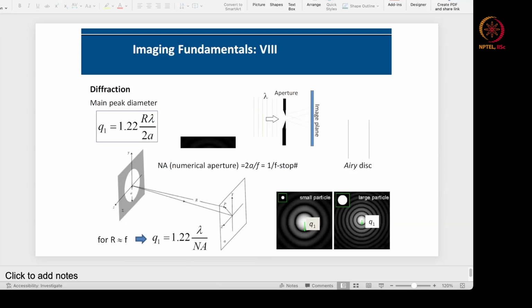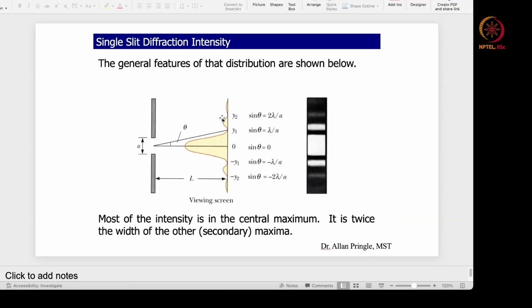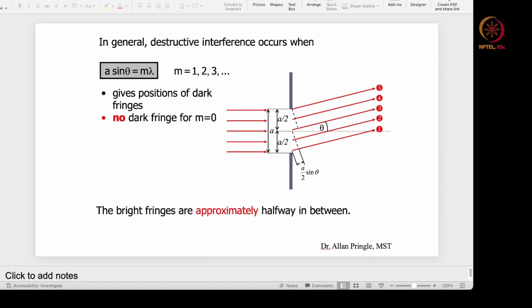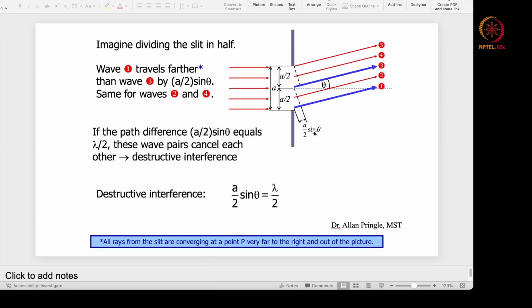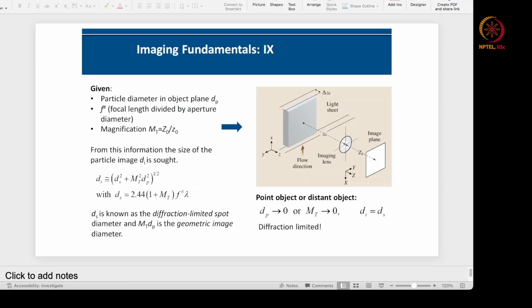This is important to recognize: when you try to image an object, what you get is something like Q1, which is not exactly the object, and you get these interference bands as a consequence of the interference, or cross-talking, of the rays, because of the destructive and constructive interference we talked about.